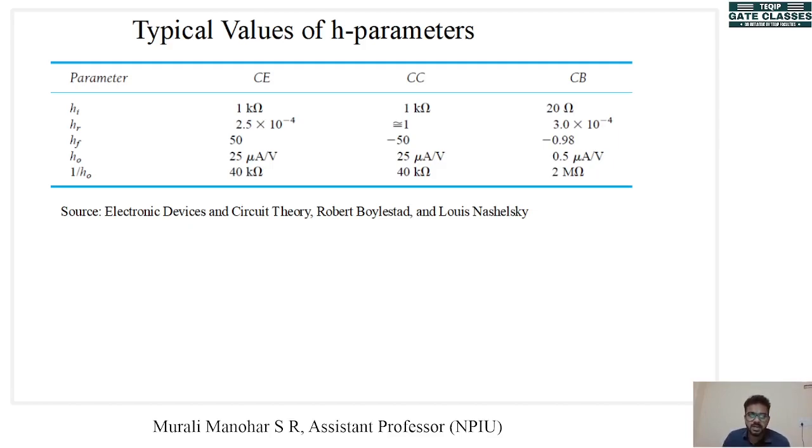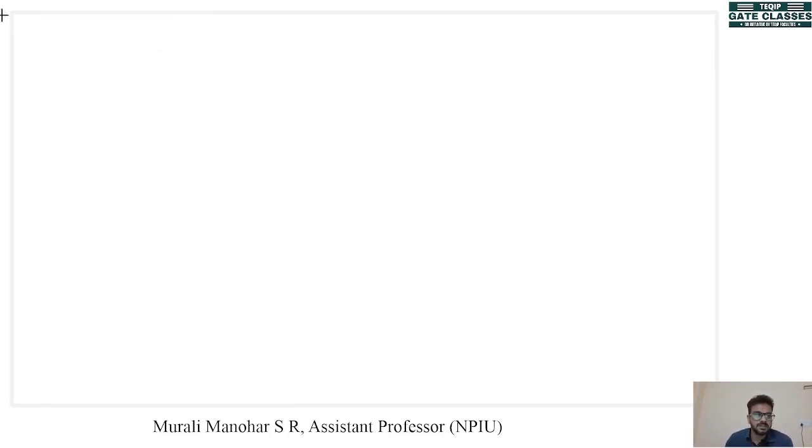So we'll be including our source, its resistance Rs, then our load, which will be given by RL or ZL. So first we'll draw the circuit. So we are starting the analysis using H parameters or H parameter model.